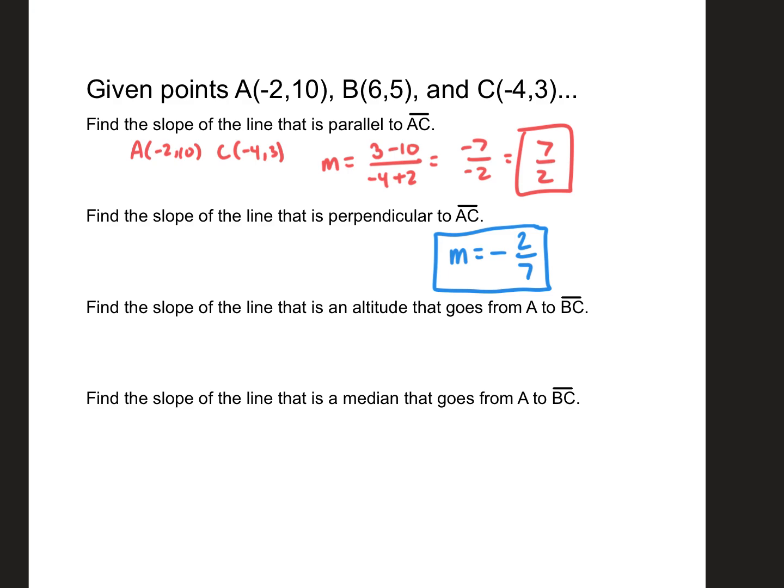But now the last two here, tying it back into some of the things we talked about before. Find the slope of the line that is an altitude that goes from A to BC. Now remember, an altitude goes from a point, a vertex of a triangle, and these 3 points could make a triangle, to the opposite side and is perpendicular to it.